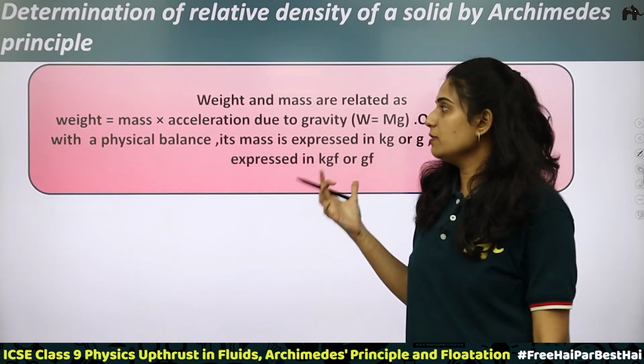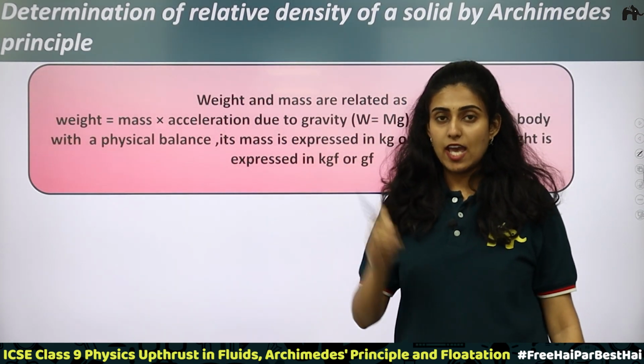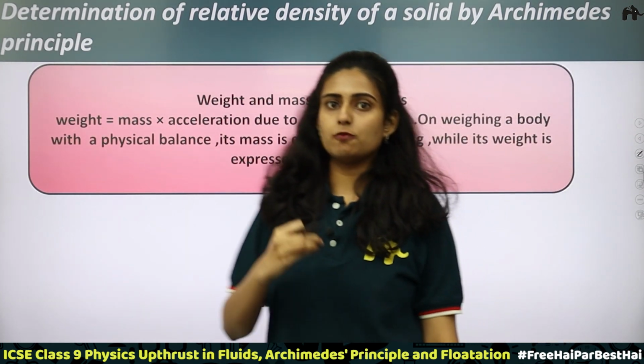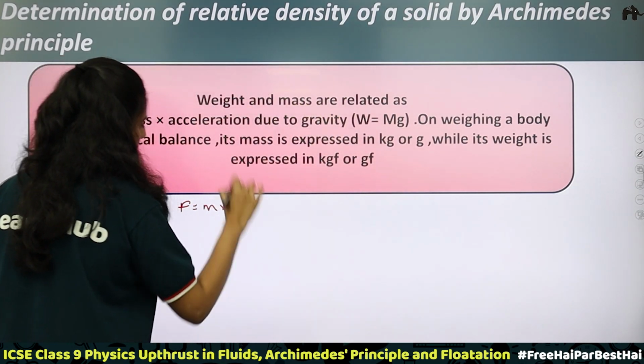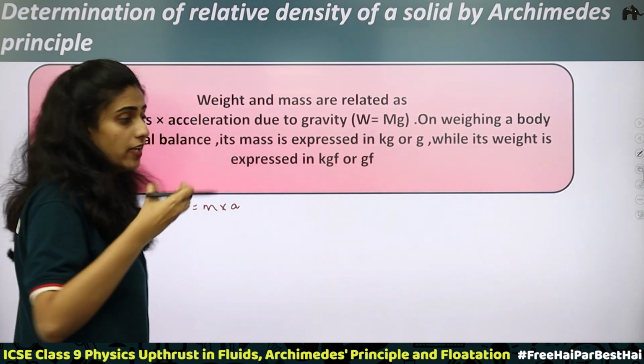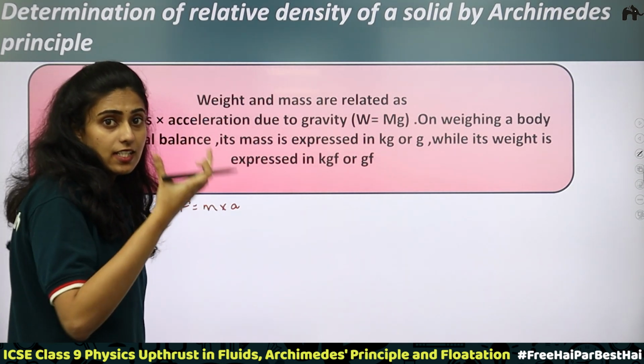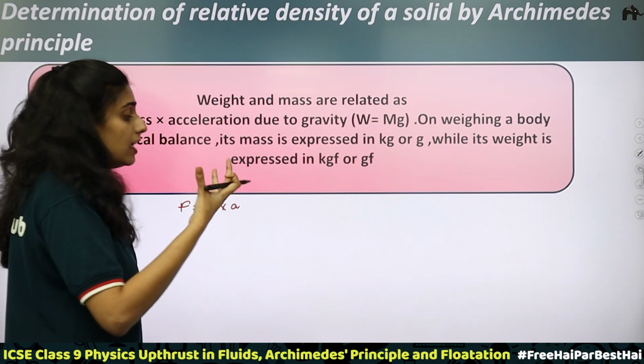So what is the relation between weight and mass? According to Newton's second law of motion, force is equal to mass into acceleration. Weight is a force, the force of gravity, the force with which the earth pulls us.